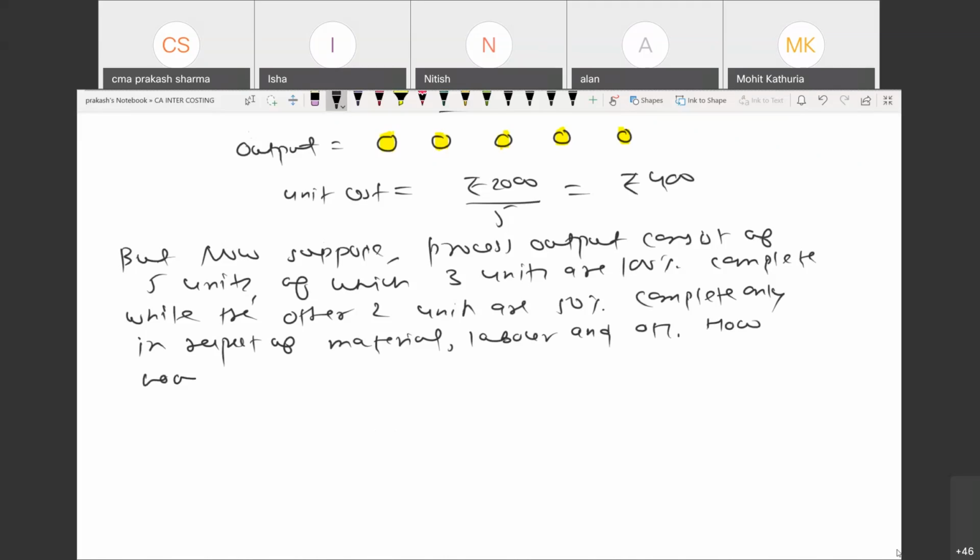How would you calculate unit cost in this case?